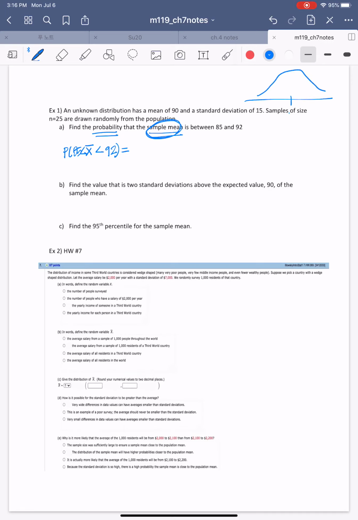I'm going to draw out my curve. This has a mean 90. So if I'm looking at 85, I should grab something like this much area, right? 85 here and then 92, a little bit past 90, so this much area. So let's check. All right, this will be a normal CDF.